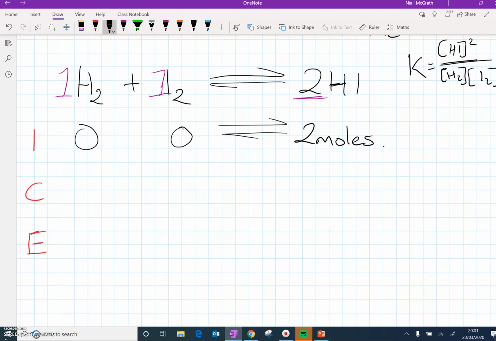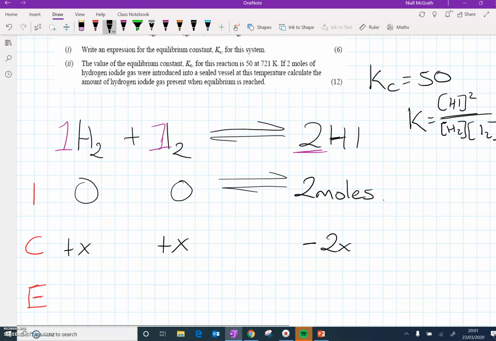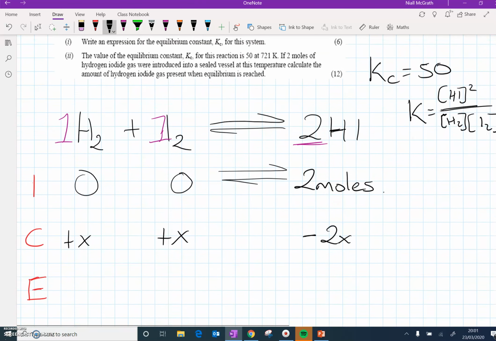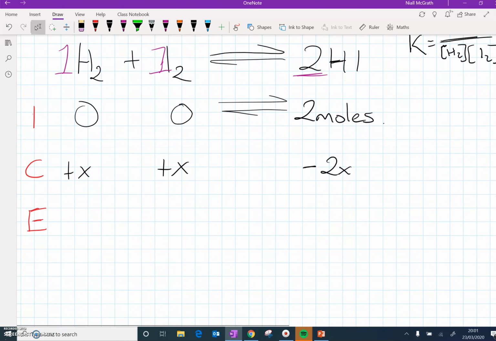We actually are going to lose 2x. Here it is just 1, so we're going to have plus x and plus x here. And we're trying to find the concentration of these.